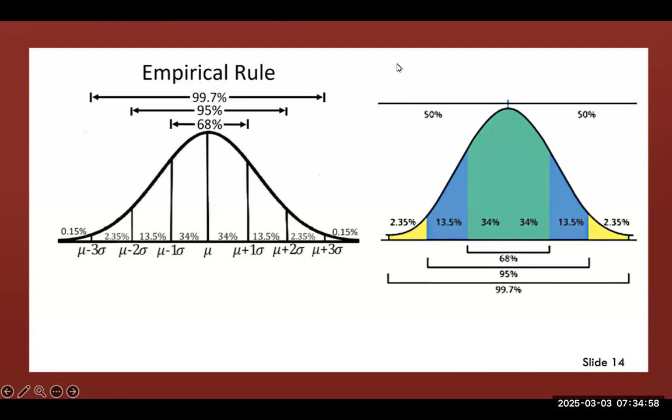If I add another standard deviation and I subtract another standard deviation, 95% of the time, any data value I pick will live within that range. And then if I take mu and add 3 standard deviations and subtract 3 standard deviations, 99.7% of the time, a data value will live within that range. This will make more sense with examples.